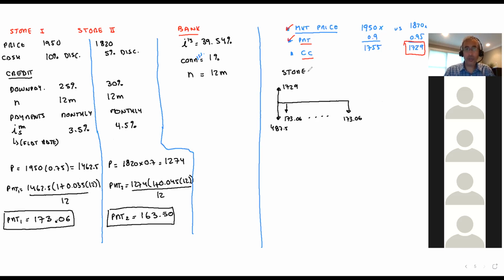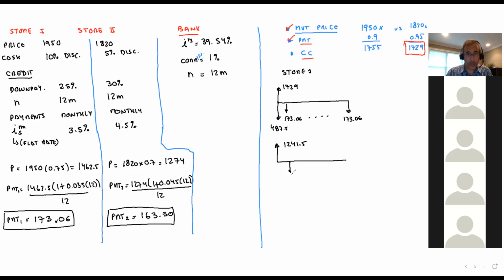So my net for store one is going to be minus 1729 plus 487.5. The net that I need to do in Excel is going to be 1241.5.